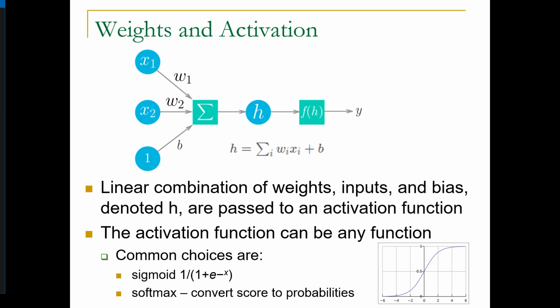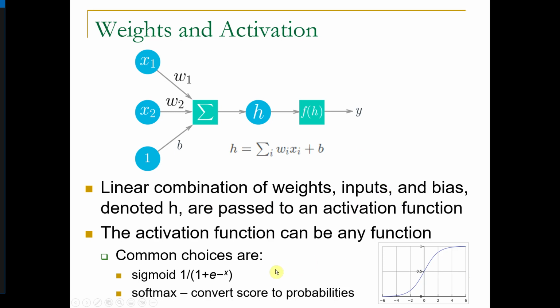What does that mean? You can view the activation function as a threshold. Does this sum of weights and inputs plus bias exceed some threshold? Now, the activation function can be pretty much any function you want.